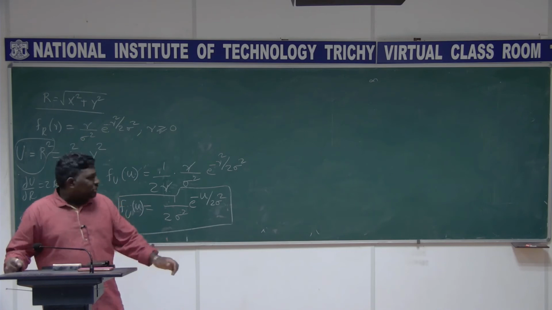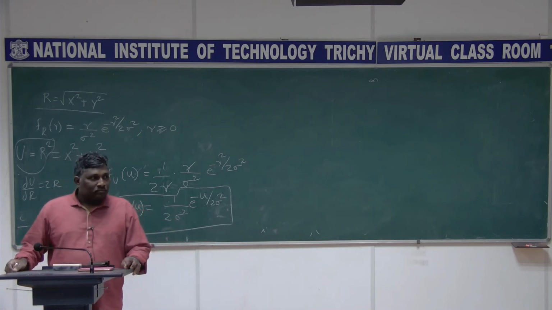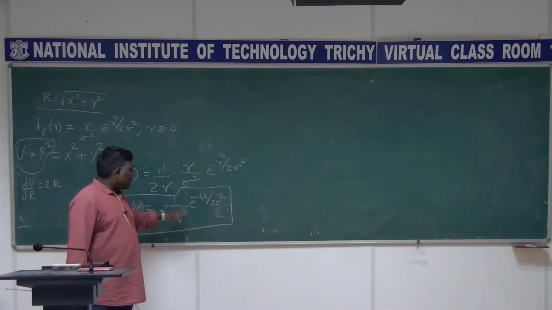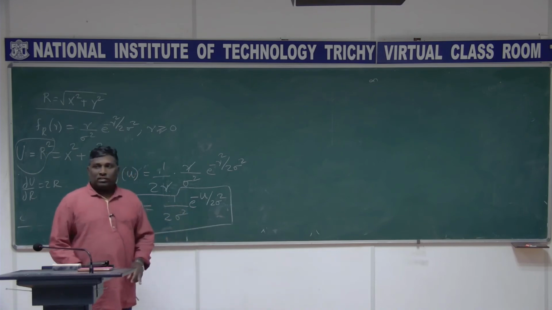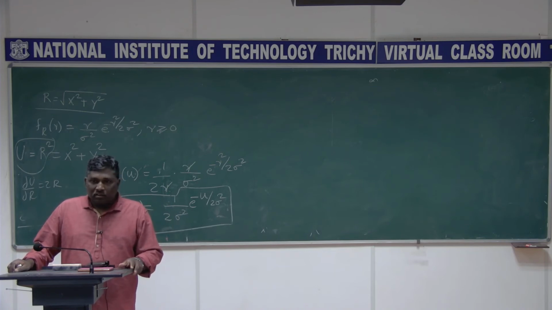So what is this distribution called? E power minus U by 2 sigma square, and we have here the constant as 1 by 2 sigma square. What is this called?